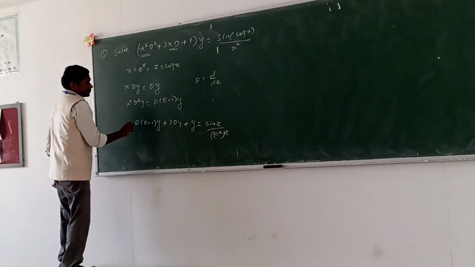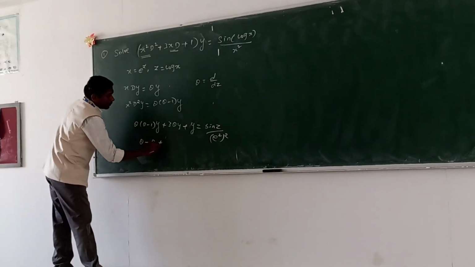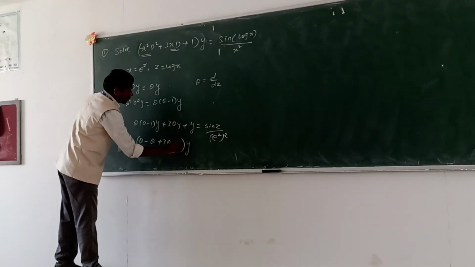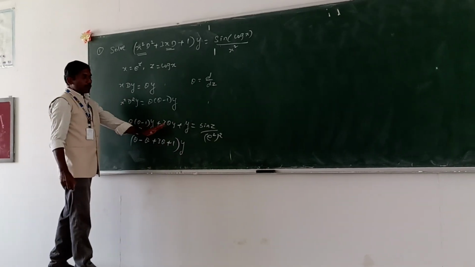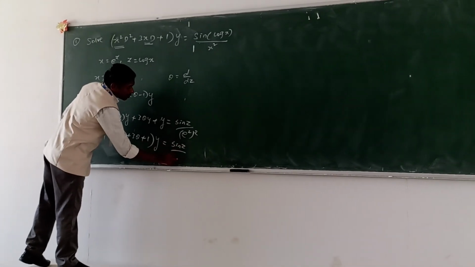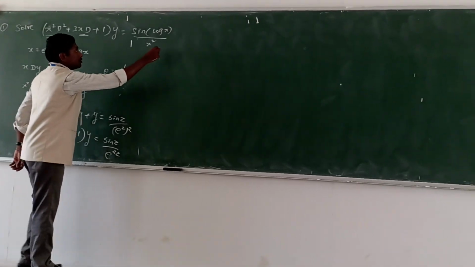Now simplification: theta square minus theta plus 3 theta plus 1 into y. In all terms involving y, take y outside, equal to sin z, e power z whole square, value e power 2z.